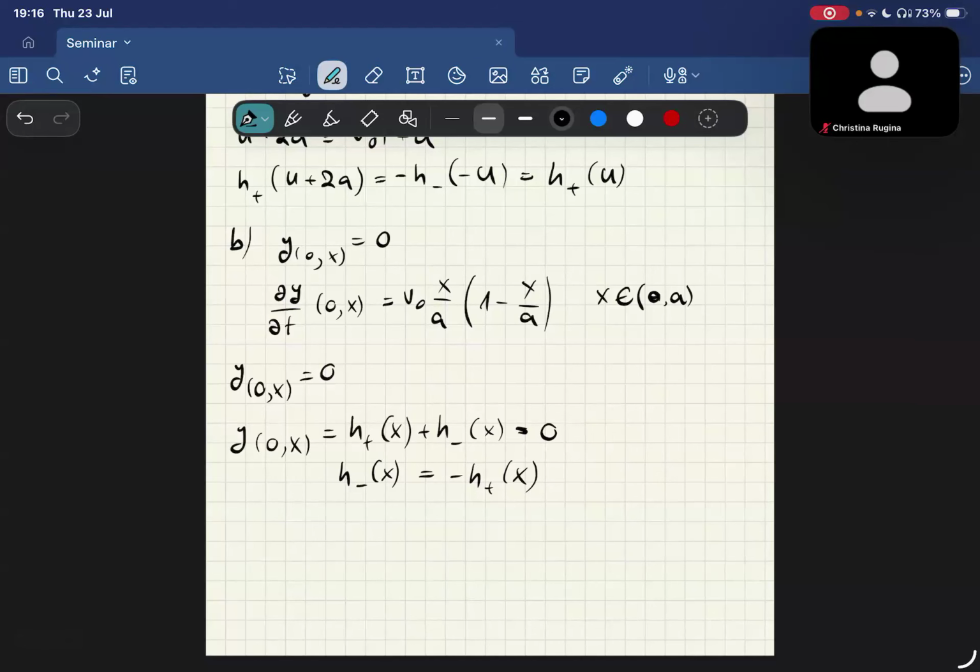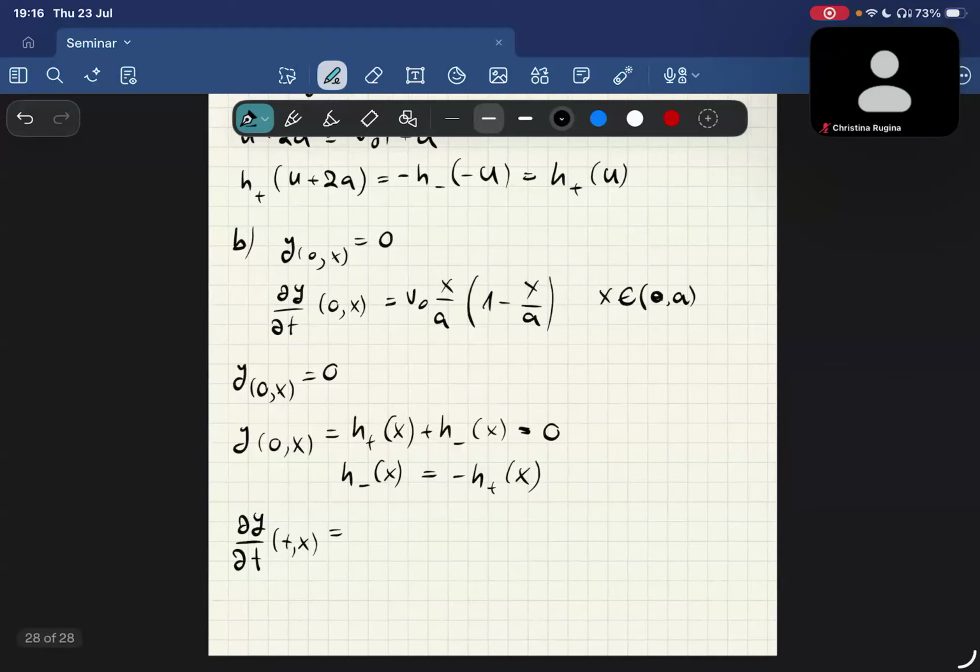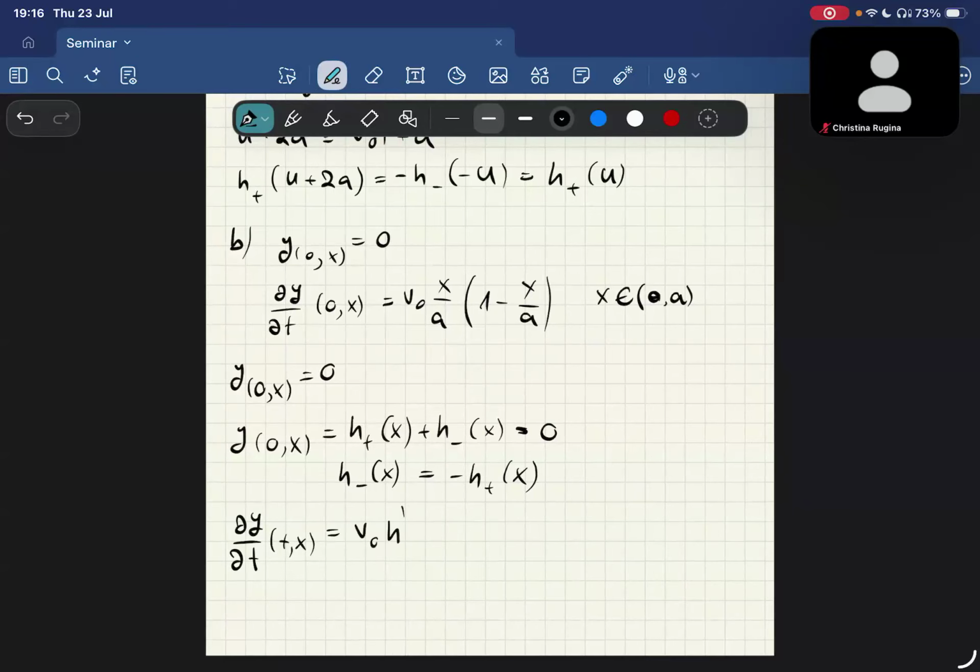So by deriving the general solution, we get v0 h prime plus of x plus v0 t, minus h prime minus of x minus v0 t.